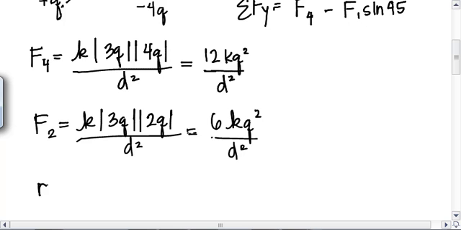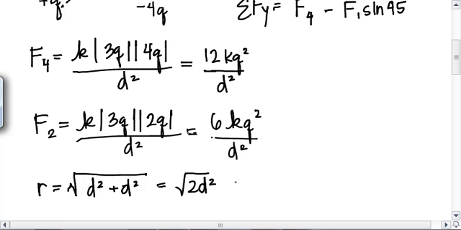So r for the diagonal would be the square root of what? d squared plus d squared? Which would be the square root of 2d squared? Which looks like d root 2. Do you remember from geometry, side root 2 for a 45-45 right triangle? Isn't that what we have here with half of this square?